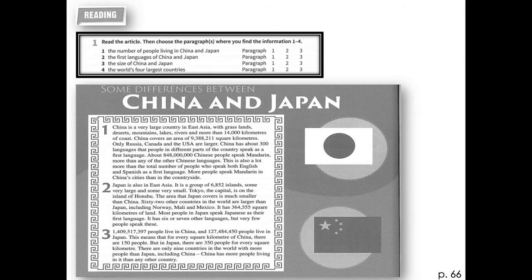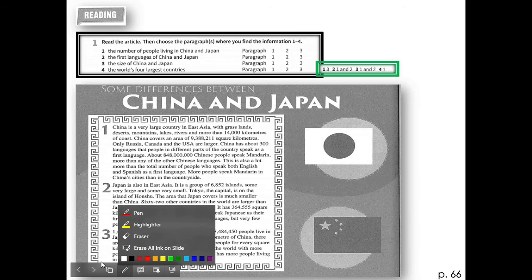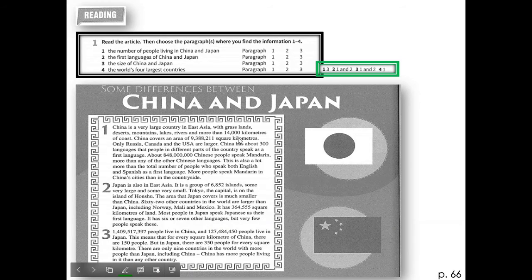Okay, so we know which information belongs to which paragraph. First one here, the number of people living in China is in paragraph 3. Let me just circle this, it's easier for you to see.